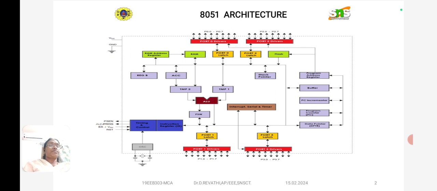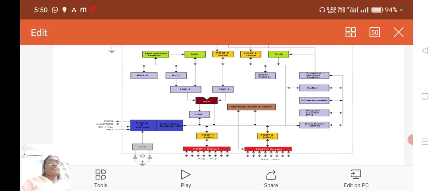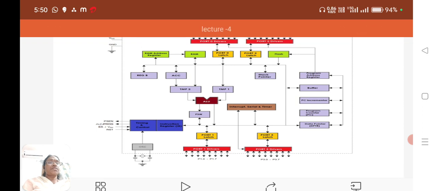Along with this are the program address register, buffer, and PC incrementer, PC and data pointer, also the oscillator which produces clock pulses, and timer and control, and the instruction register. These are the functions which make up the block architecture of the 8051.